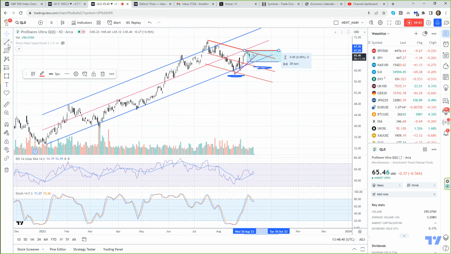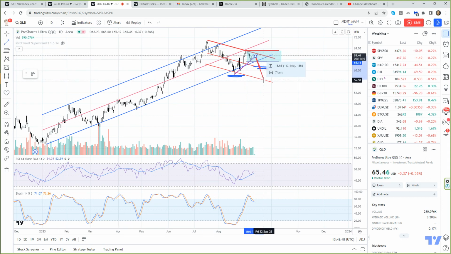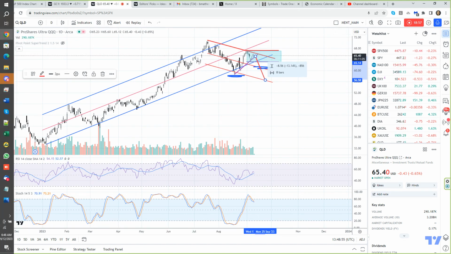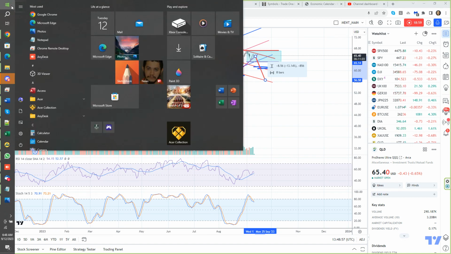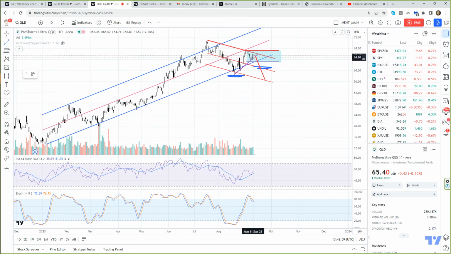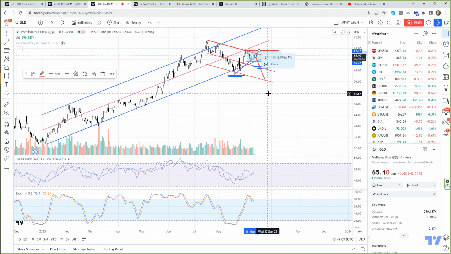You try to target a downside move from here, possibly to here, 6%, or from here to here, maybe 13%, with a stop right here. And before I run out of time, a stop right here at 2.9%. That's your smart play.